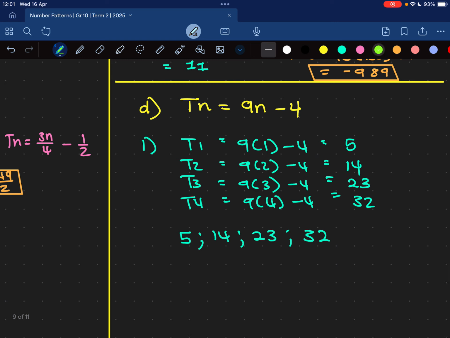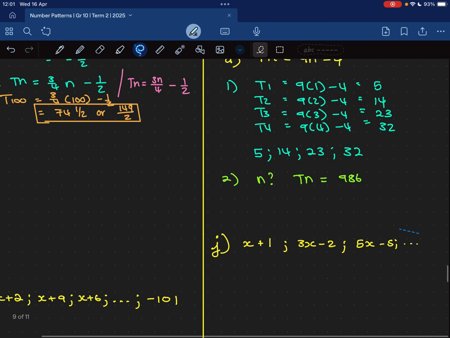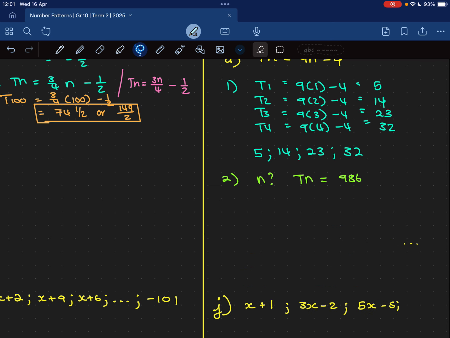Okay, then the second question asks which term is equal to 986? So it says which term. That means they want to know what n is if Tn is equal to 986. Okay, so just make some more space.